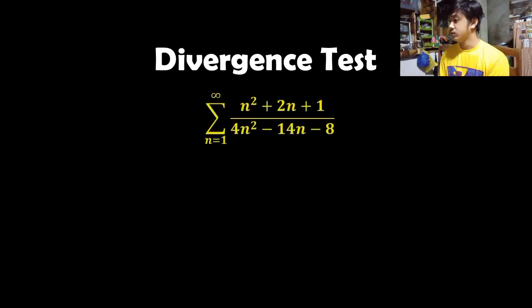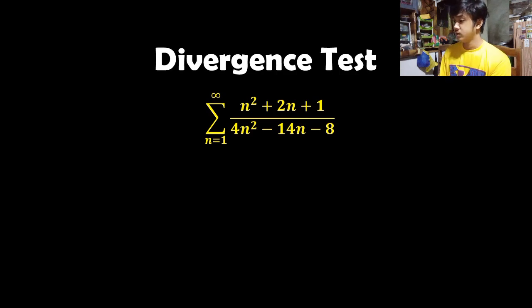Okay, what we have here is an infinite series: n squared plus 2n plus 1 all over 4n squared minus 14n minus 8. To know if this series diverges, we will find its limit.